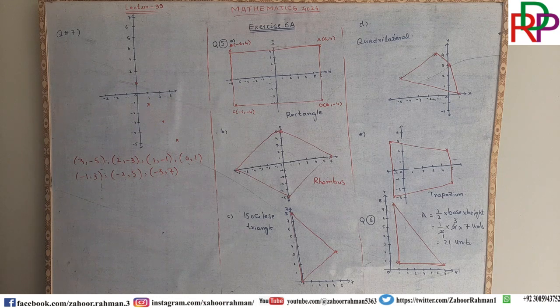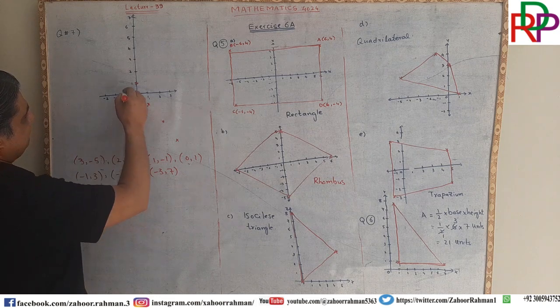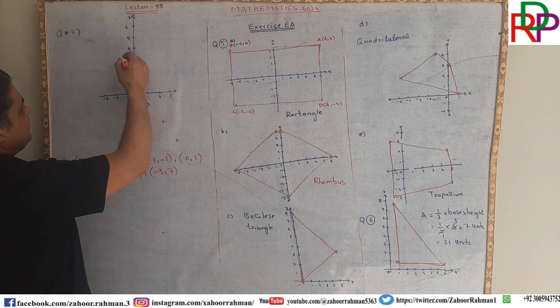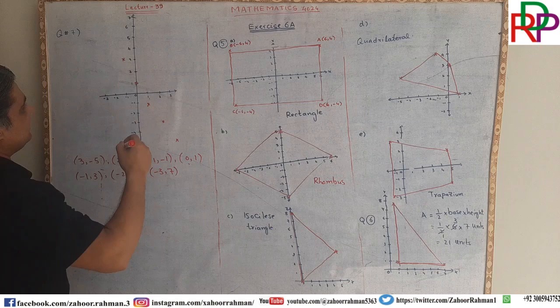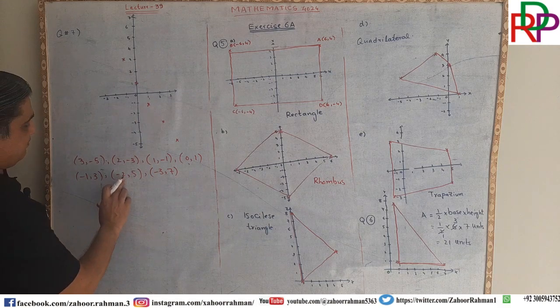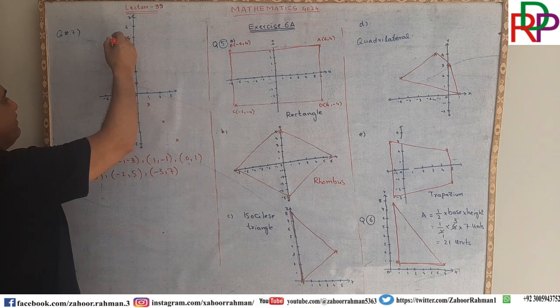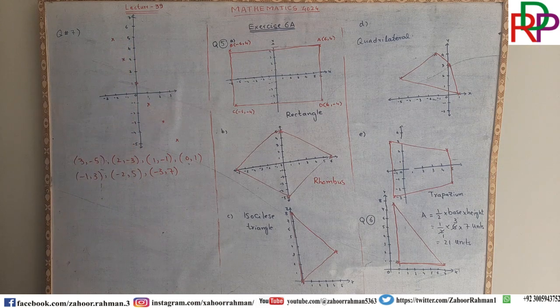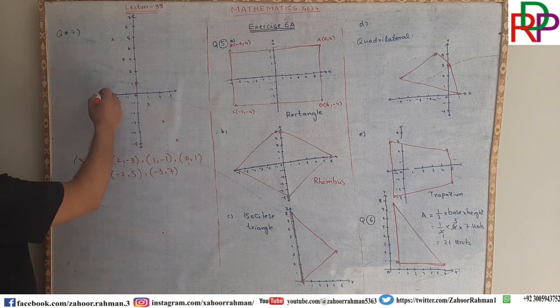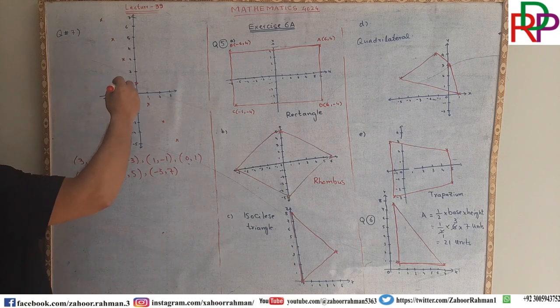And here we are having minus 1 and 3, it will be somewhere here. And then we are having minus 2 and 5. So minus 2 and 5 will be somewhere here. And the final point is minus 3 and 7. Minus 3 and 7 will be here.